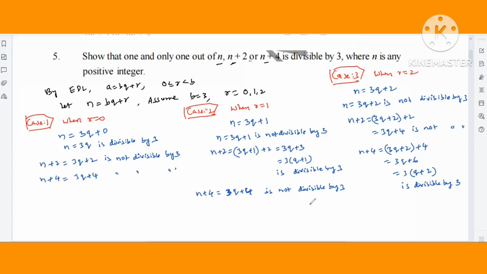So in the first case, we got only n divisible by 3. In the second case, n plus 2 is divisible by 3. In the third case, n plus 4 is divisible by 3. So what can you conclude from the above cases?